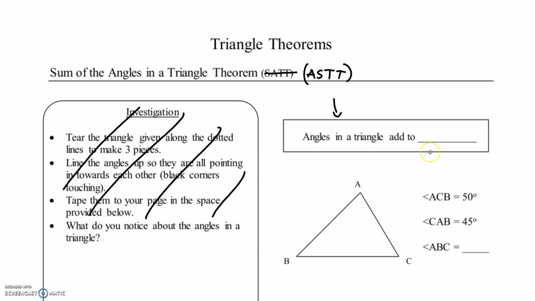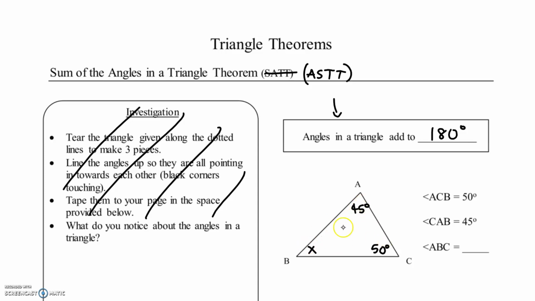All the angles in a triangle, the interior angles, add up to 180 degrees. So angle ACB we can put in here, 50 degrees. Angle CAB is 45 degrees. And what they're asking us to find is angle B, or angle ABC.